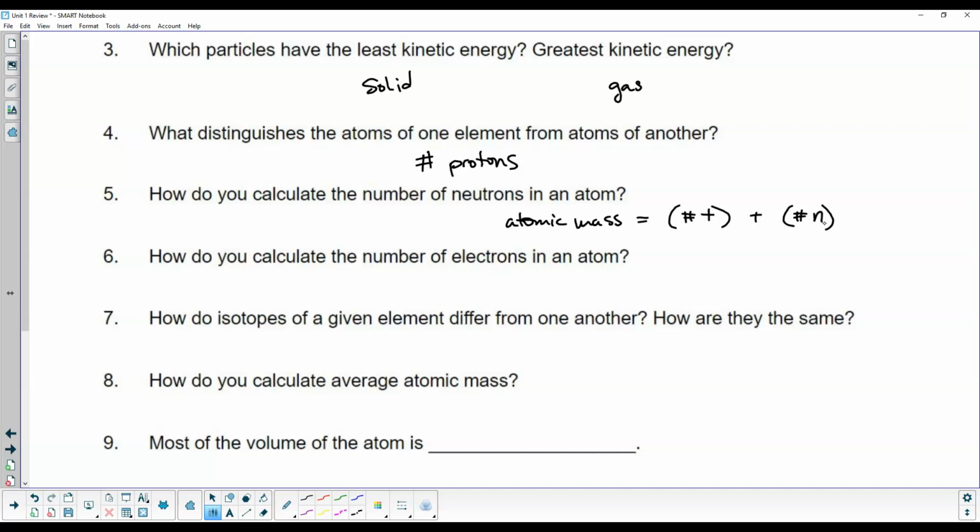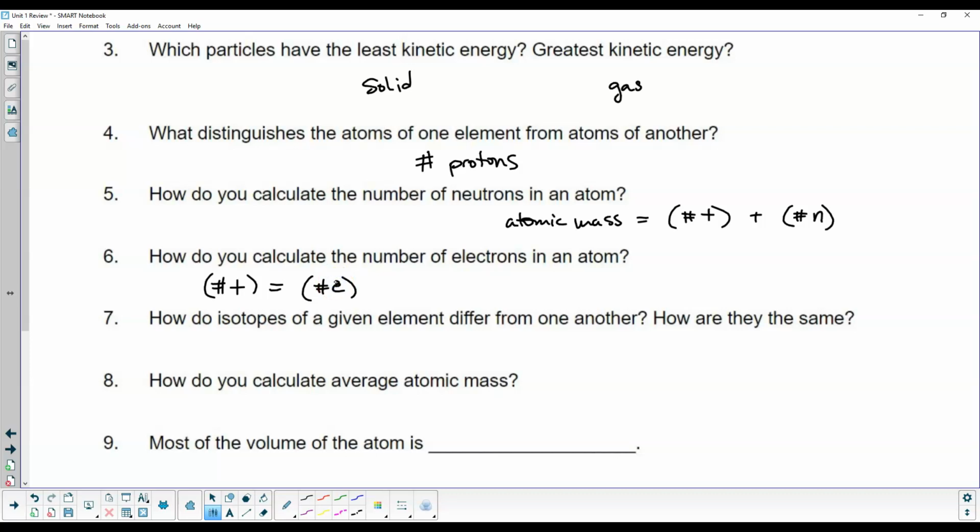How do you calculate the number of electrons in an atom? Well, normally the number of protons is usually going to be equal to the number of electrons, okay?